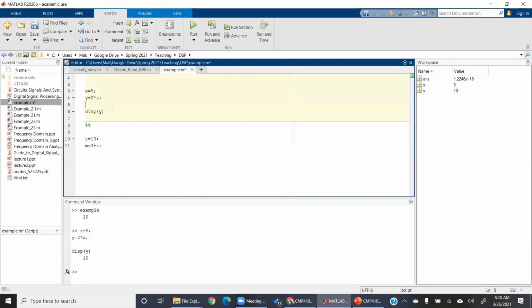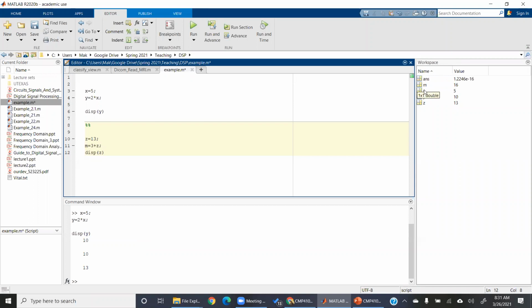If I want to just run the upper section of the code, I run section instead of hitting run. If I want to run the lower one, I do the same.